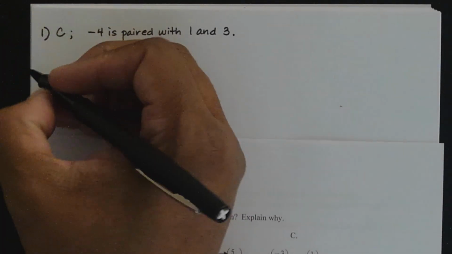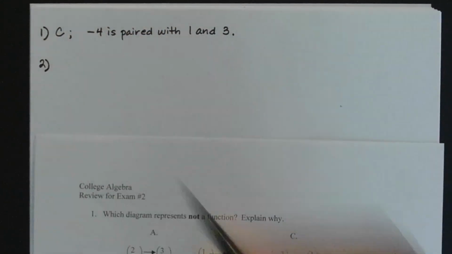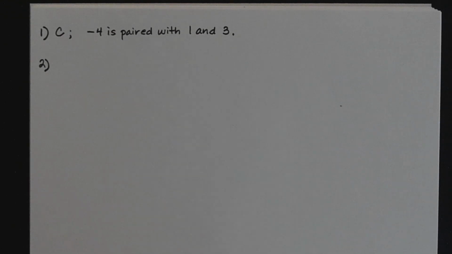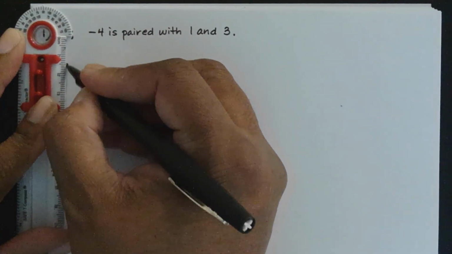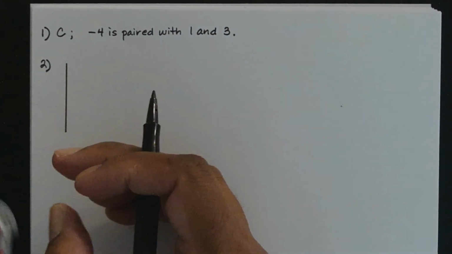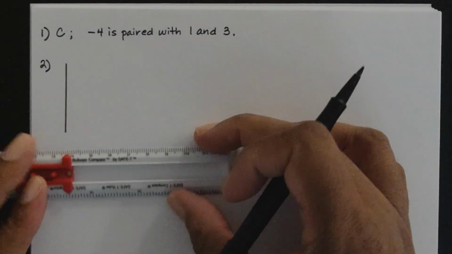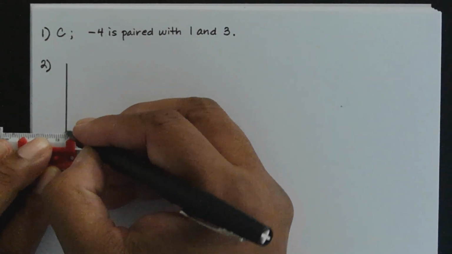All right, number 2 is the use of the vertical line test to determine whether the graph below represents a function. So let me go ahead and draw that graph. That's similar to the one that's on the review sheet.